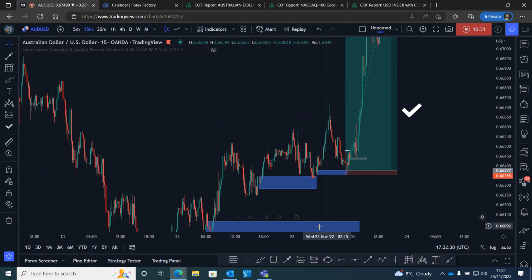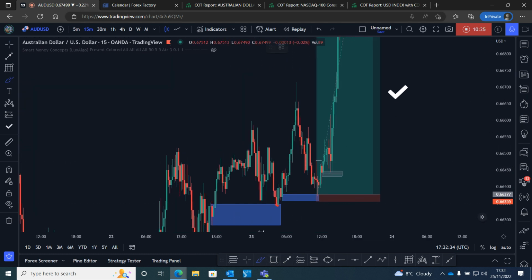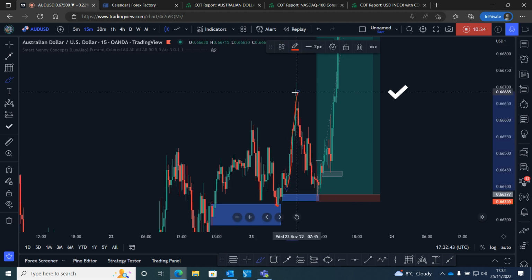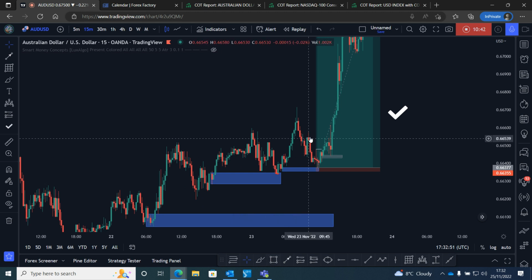This is where it became interesting, because people say, why do you not put your order block here? Ideally you want to put your order block where price fully shot up and broke the last high of the trend or structure that we have. However, in this case, we saw that there was a news event coming out.